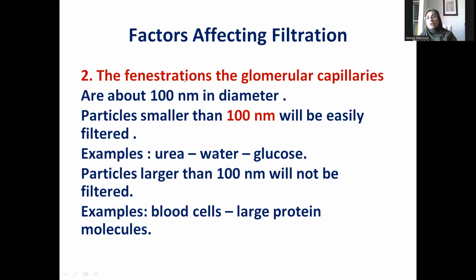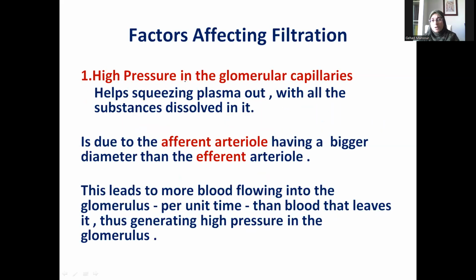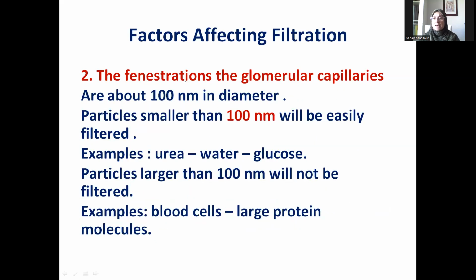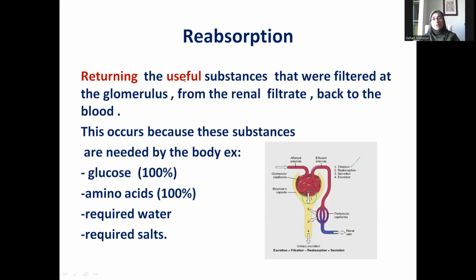Anything larger, like the blood cells and the proteins, will not pass. And as we said before, there are two other limitations. The first two factors, the high pressure in the glomerular capillaries and the fenestrations, are helping factors to a great extent, but the slits and the negative charge are controlling factors.